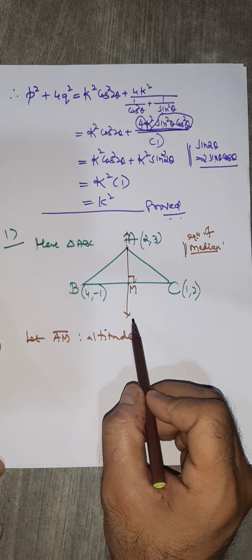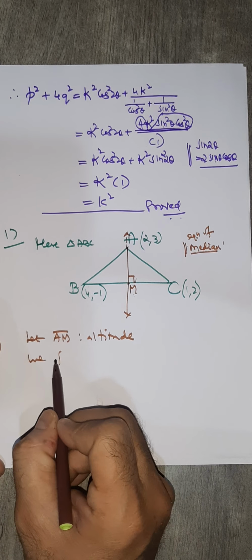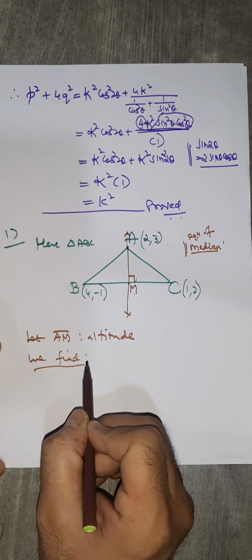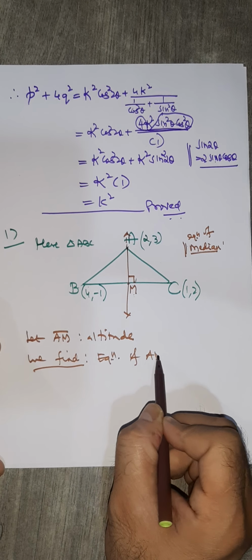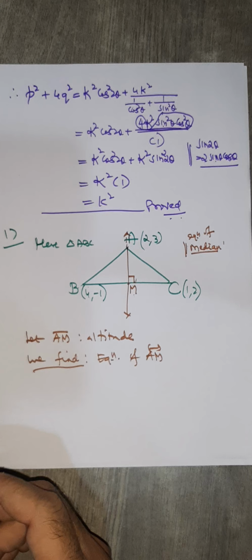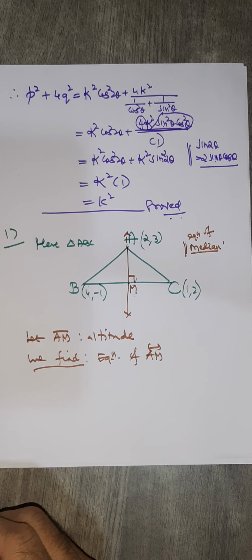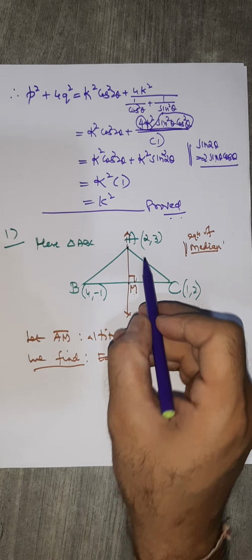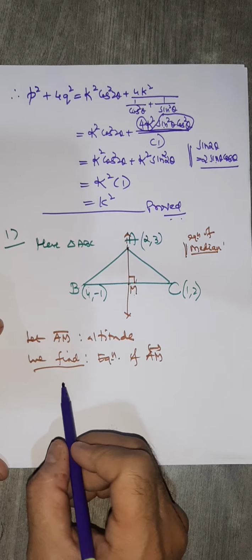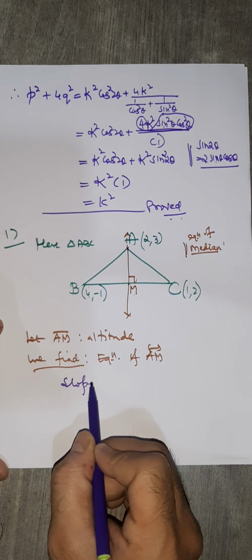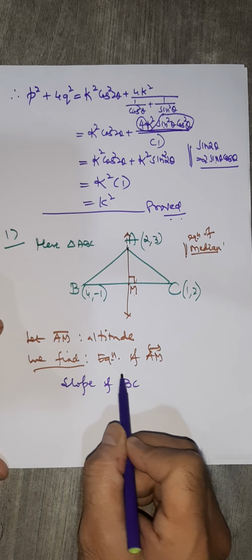We want the equation of AM. There are 2 sub questions. Equation of AM, altitude AM. Okay, so what do you need to get the equation of a line? Slope and point. Point you are already given, this one, x0, y0. You have these 2 points, so get the slope of BC first.